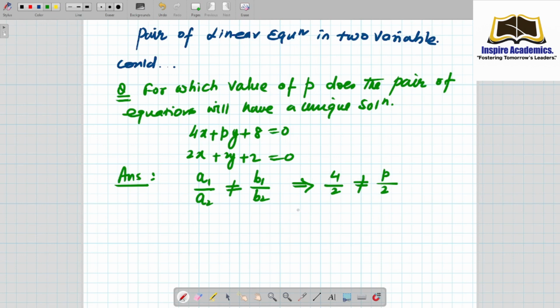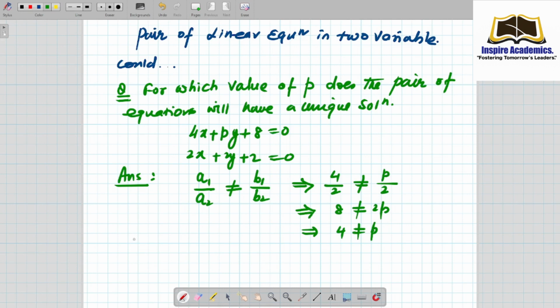Okay, let us cross multiply, or we can say that 8 cannot be equal to 2p or 4 cannot be equal to p, which means that except for the 4, p can have any other values.